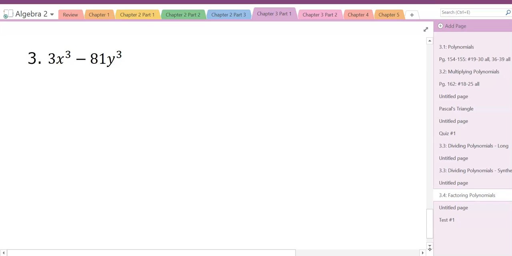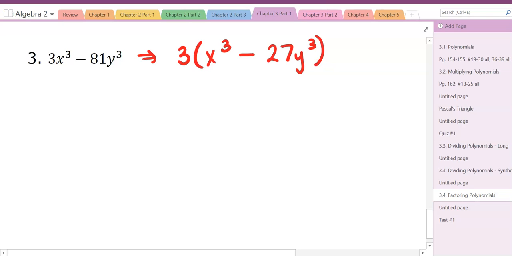So instead, because 3 is such a small number, and I need to try to take something out, like the last time I took out a 2, let's see what happens if we just take out that 3. So if I factor out a 3 out front, I'm left with x to the third. What would be 81 divided by 3? Good. So 27y to the third.